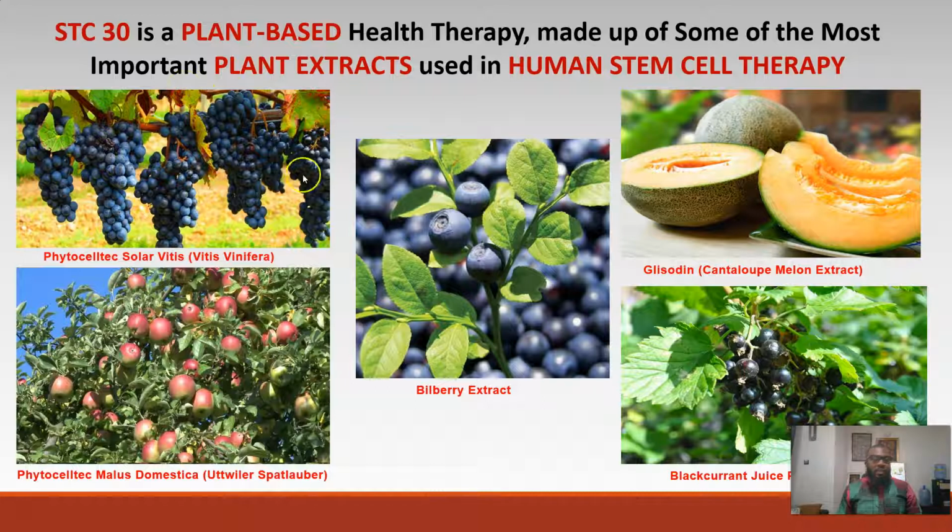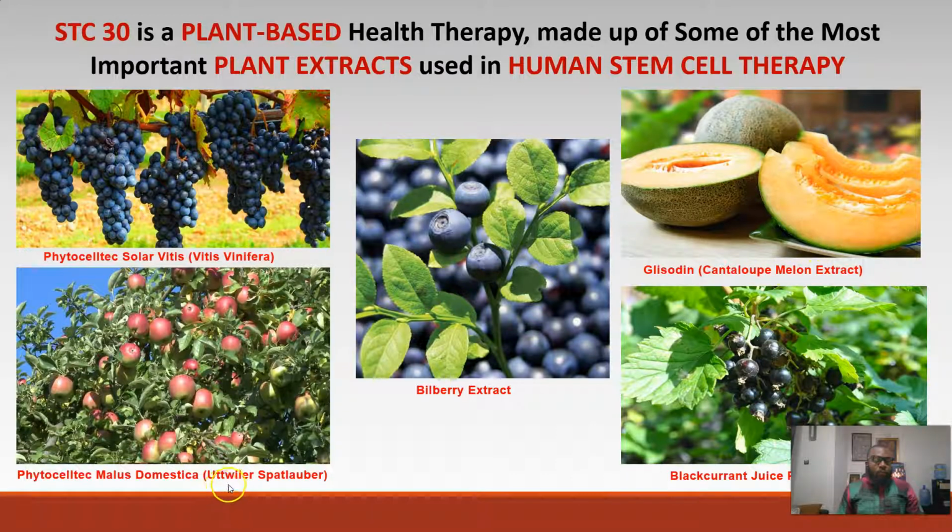Wonderful. So these are the components of STC30. It has around 5 of the plant extracts which I talked about earlier. It has the Vitis vinifera, which is the grapes. It has bilberry extract. It has glycodin, which is gotten from the cantaloupe melon.